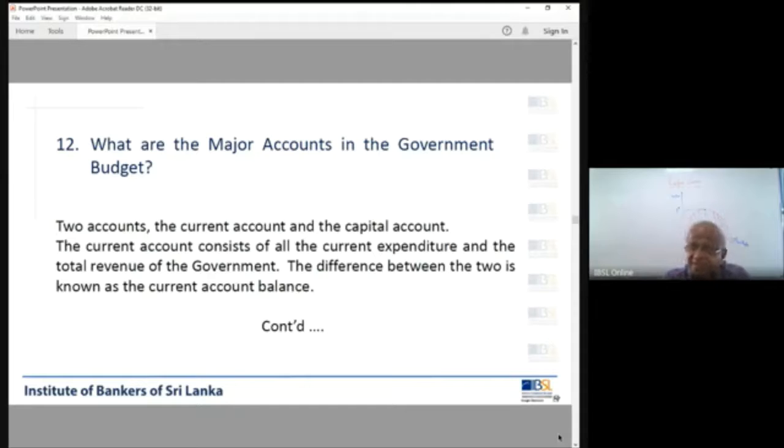But in the Sri Lankan case, it is negative. Government doesn't save at all. Revenue minus current expenditure is the government savings.